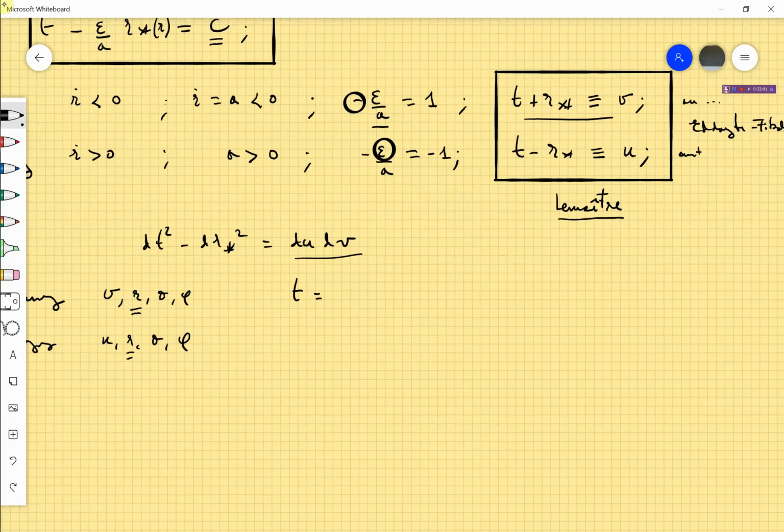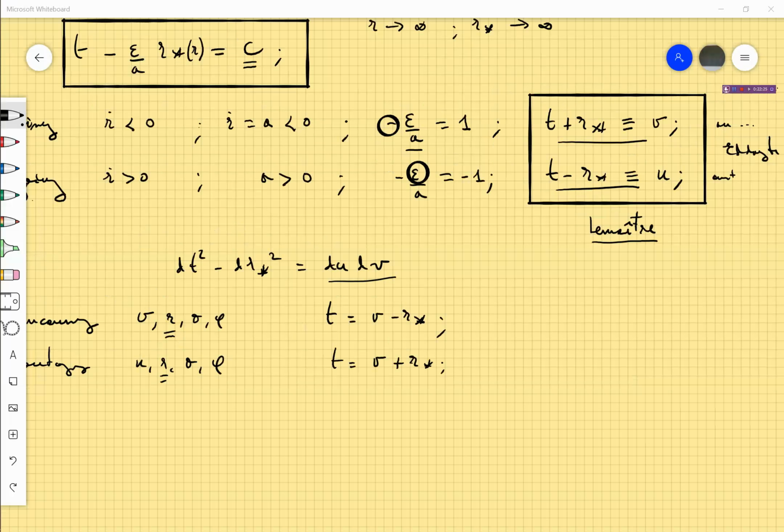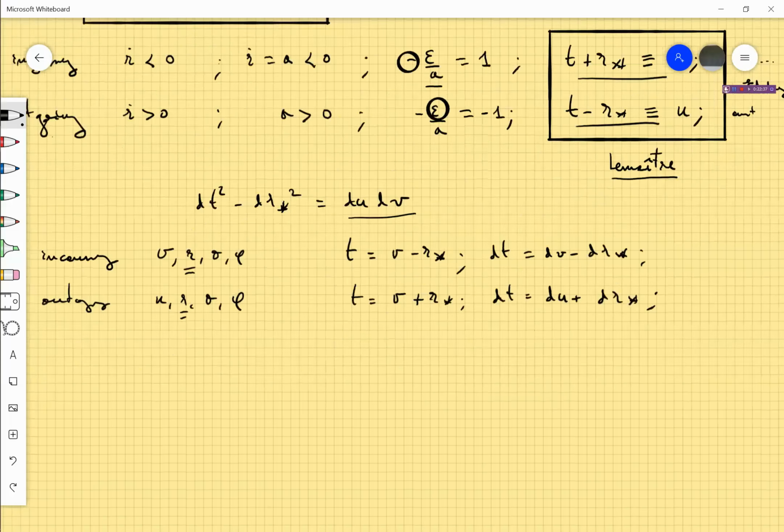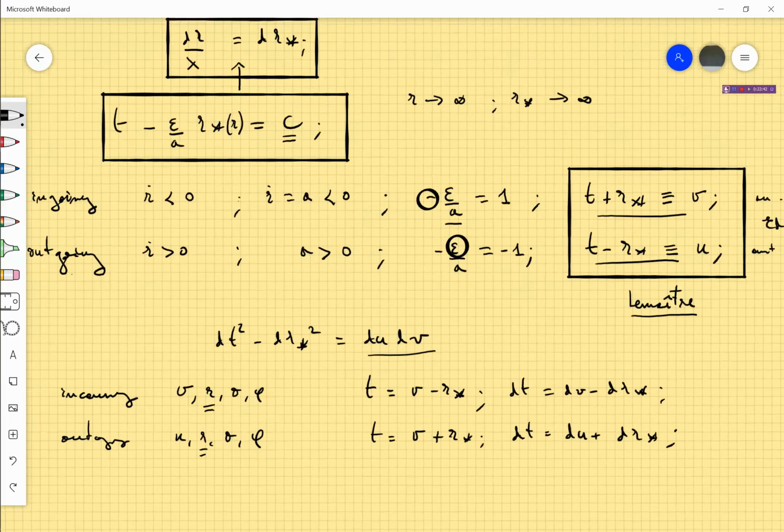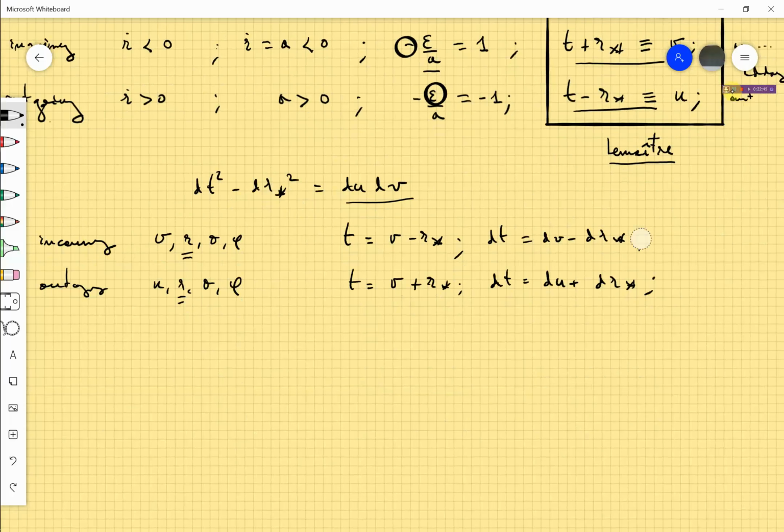Using these expressions, you find that t is v minus r star, or that t is equal to u plus r star. So that dt is dv minus dr star, or in the other case, this is du plus dr star. Now, we use this fundamental property that dr star is dr over lambda.